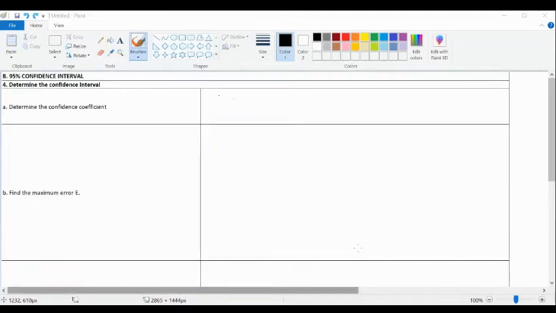To find it, we need to determine the confidence coefficients. Since our n is 20 and our degree of freedom is 19, the confidence coefficient in the t-table under 0.95 or 95% is 2.10.